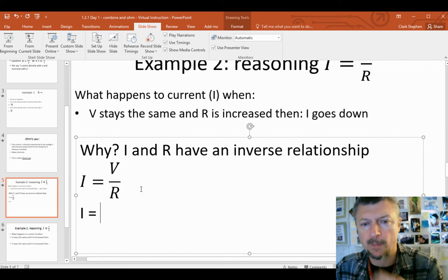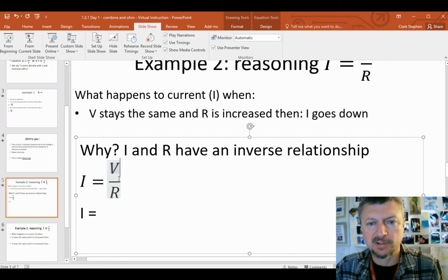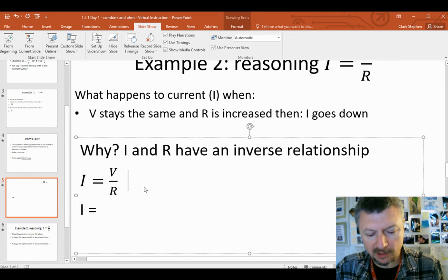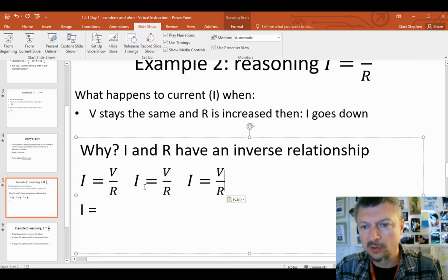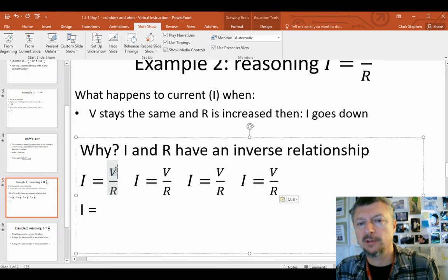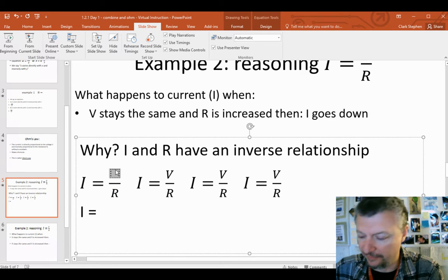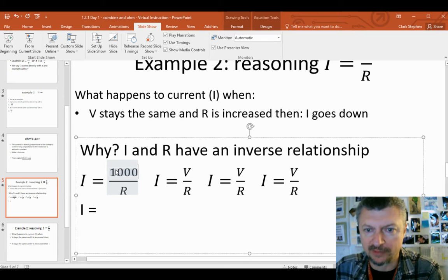Let's say we have this. I'm going to copy and paste here a little bit. Copy this a few times. Okay. So let's say V was 1,000. I don't know if there's actually a voltage of 1,000, but I'm using 1,000.